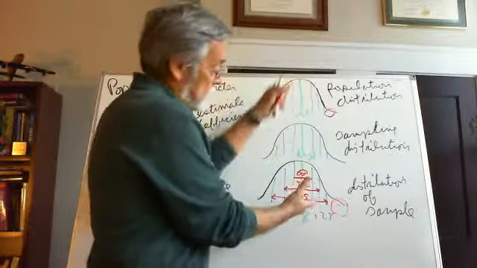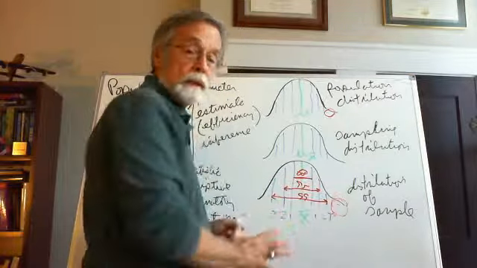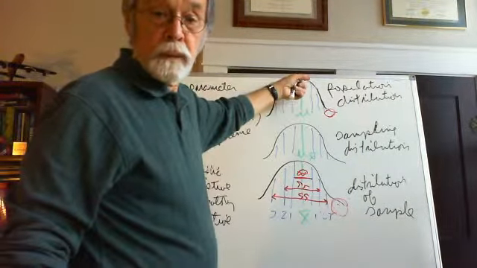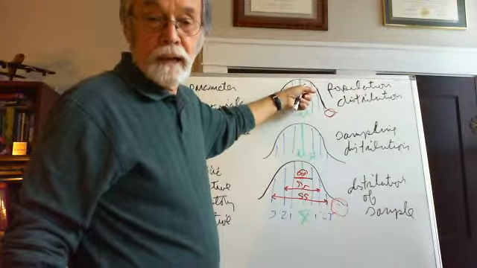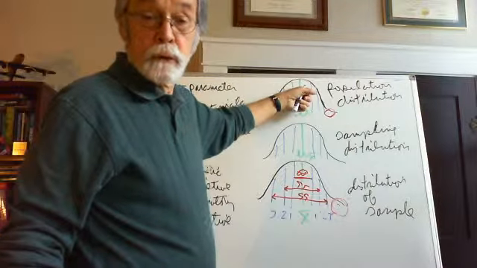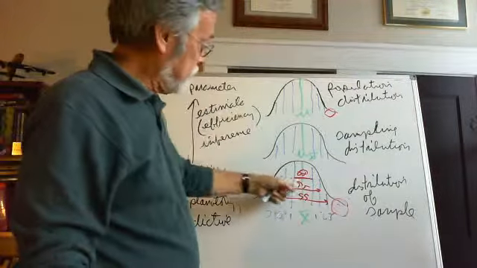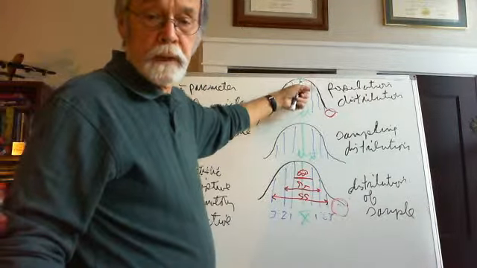So this, like we saw in Chapter 5, we believe, it's an assumption, is a good reflection of what we would have found up here. This is the normal curve that we don't see, but we infer that is there. So anything we do here with descriptive statistics for the parameter, anything we do here with our normal curve, is reflective of what we would have found had we been up here.